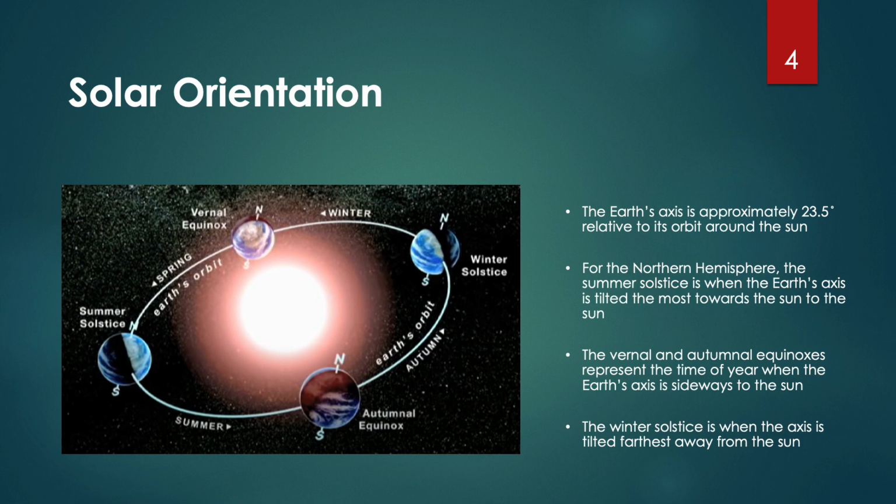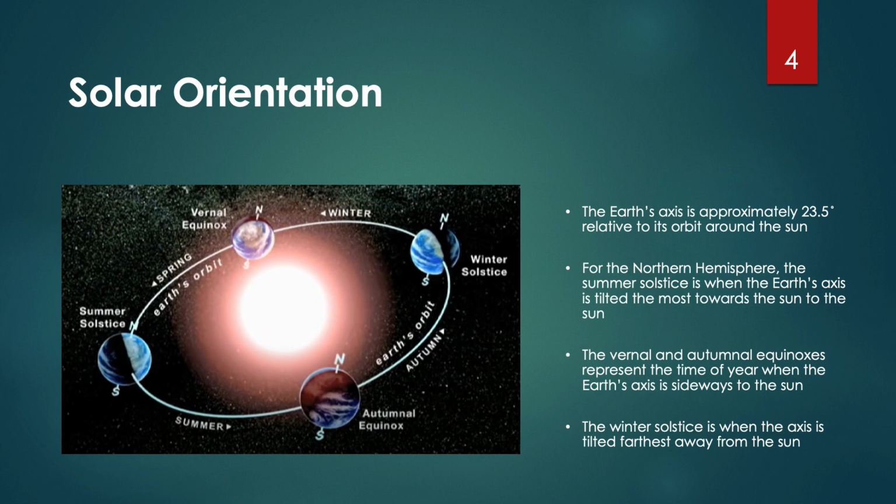Our Earth has an axis that is tilted at approximately 23.5 degrees relative to the Earth's orbit around the sun. For the northern hemisphere, the summer solstice is the longest day of the year, because the Earth's axis is tilted the most towards the sun.